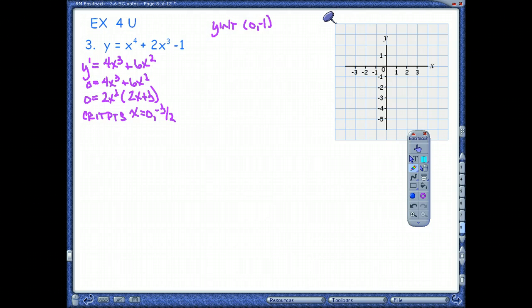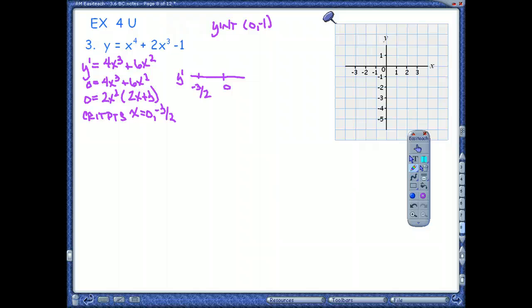I'm going to draw my little chart over here. This is the first derivative, so I've got 0 and -3 halves. Remember, you got to put them in order, or your little number line isn't going to help you very much. When I check how it alters, you're picking points on the left side of -3 halves, putting it into the derivative and seeing is it positive, is it negative.